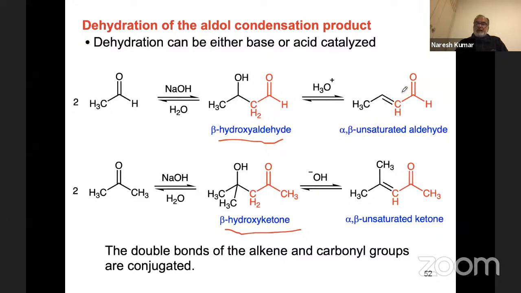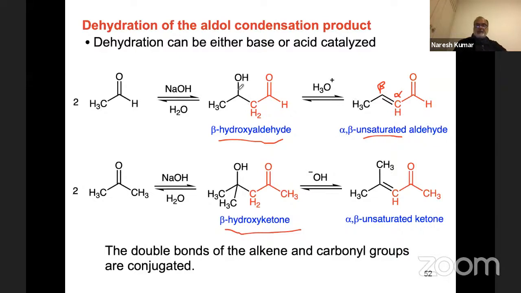So by alpha beta unsaturated compound, we mean this is the alpha position and this is the beta position. Unsaturated means that it's not saturated, there's a double bond present, and it's highlighting that there's a double bond present at that position to form that alpha beta unsaturated carbonyl compound.